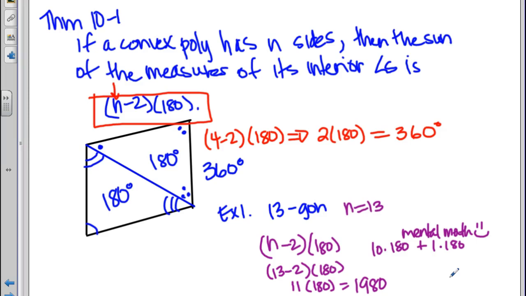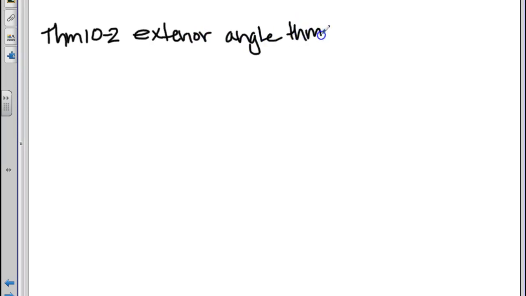Okay, so let's talk about exterior angles. Theorem 10.2, exterior angles. So 10.1 is the interior angle theorem, 10.2 is the exterior angle theorem.